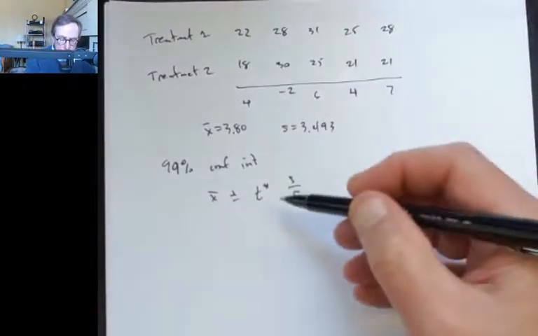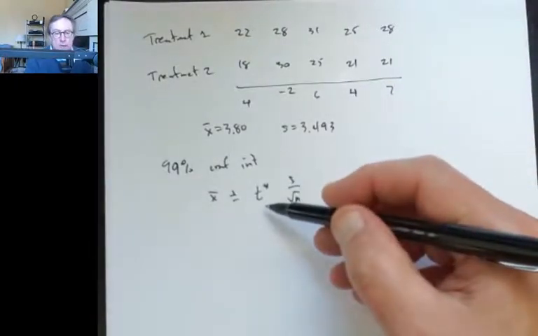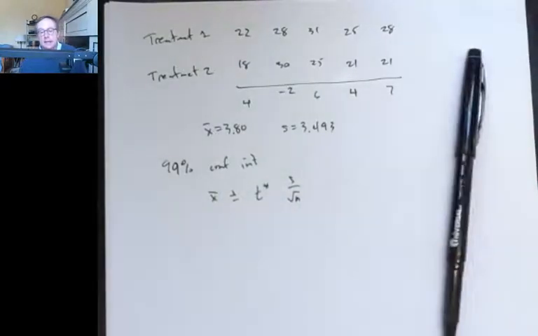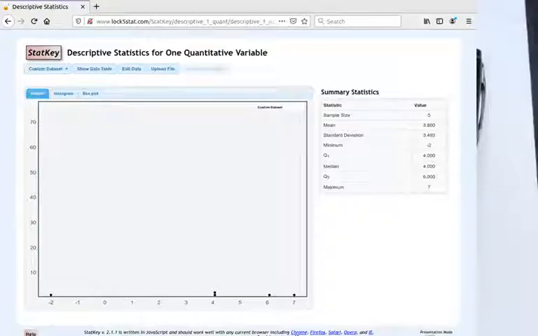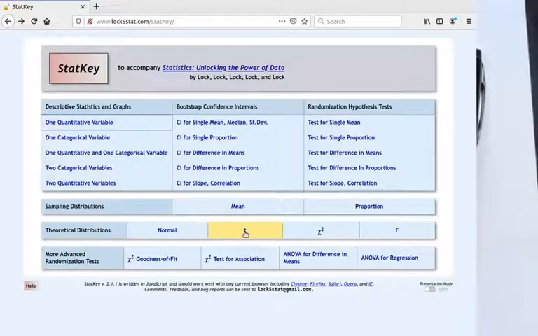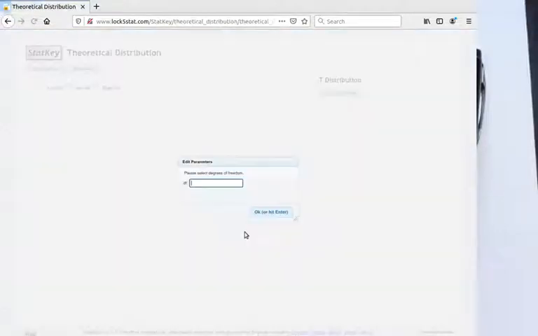All right, so I got to figure out t star. So I go back to StatKey to get to the t curve. I'm in the wrong place here, so I got to get out and go down to the t curve. Degrees of freedom, I have not 10 pieces of data, but instead 5 pieces of data. So degrees of freedom is 4, it remembers from the previous time.